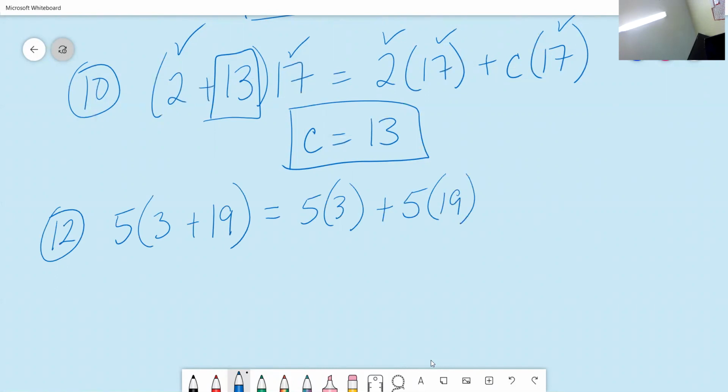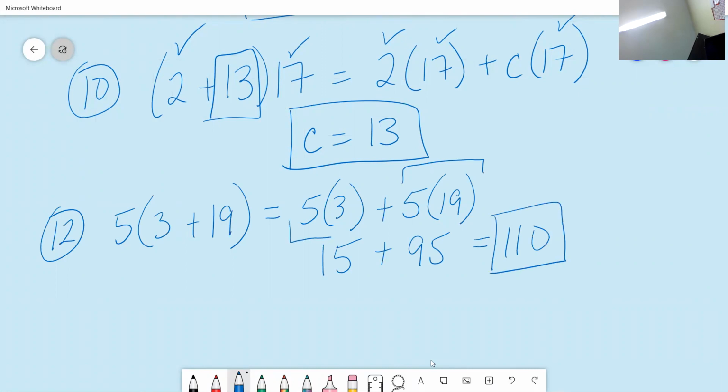Now we know if you do your multiplication in your head, we can mentally calculate this. 5 times 10 is 50. 5 times 9 is 45. 50 plus 45 is 95. And then 5 times 3 is 15. So we're left with an answer of 110. That's our simplification. This is our distributive property. And then the 110 is our simplification. So you should have both of these answers.